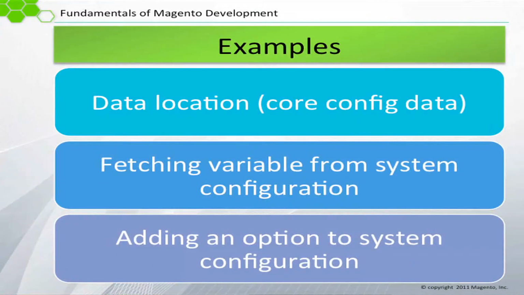Okay. So fetching a variable from the system configuration. We did that on the very first day. Mage get store config or mage get config. Yes. Get node. Adding an option to the system configuration.